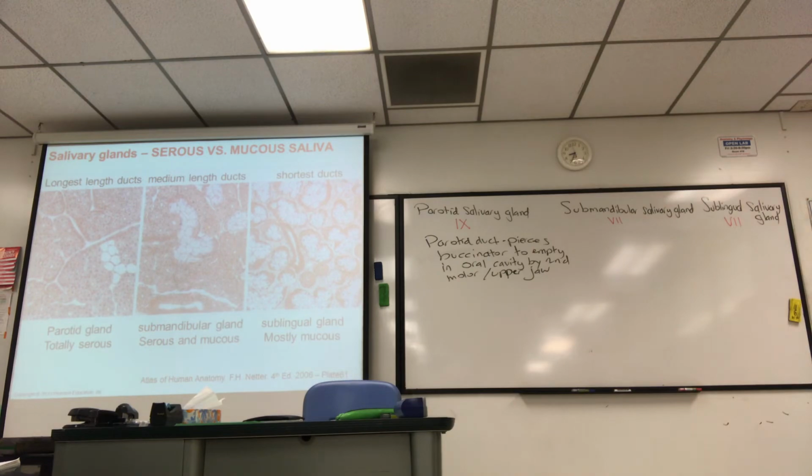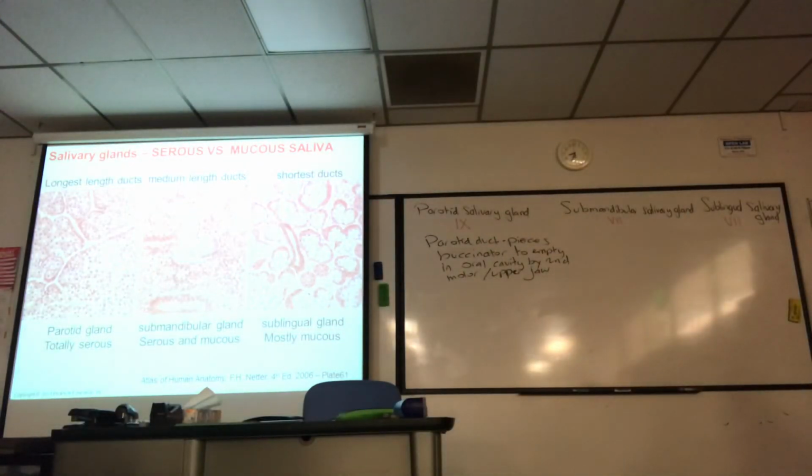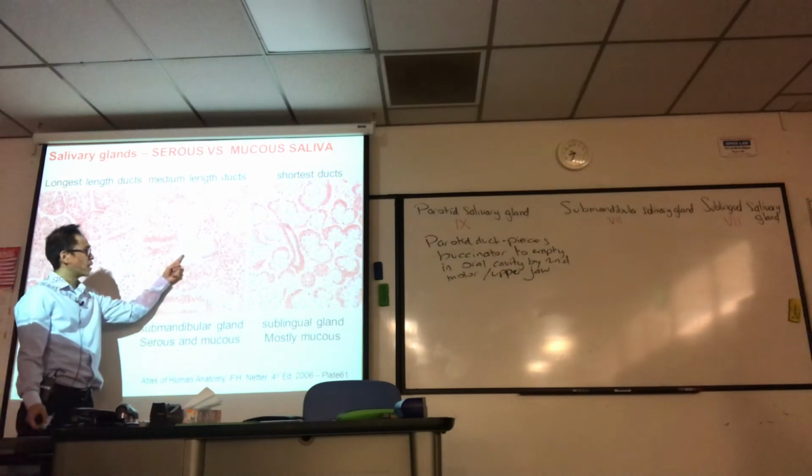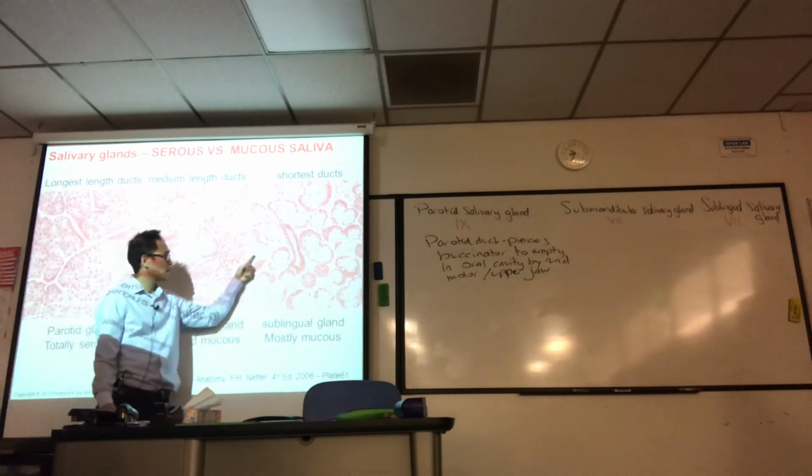And the histology is, if it is a serous saliva, the cells that secrete it in the gland will stain dark. If it's a mucousy type of saliva, the cells that secrete mucus saliva stain light here and here.